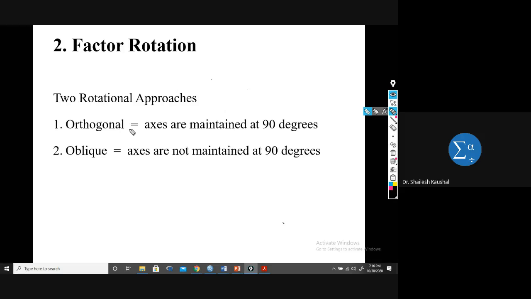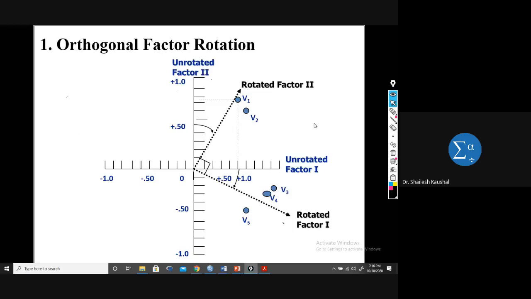What does orthogonal and oblique mean? We can understand it through this. What is the purpose of factor rotation? Why should we rotate our factor? Here this is the x-axis and this is the y-axis, with variable 1, variable 2, variable 3, variable 4, variable 5.